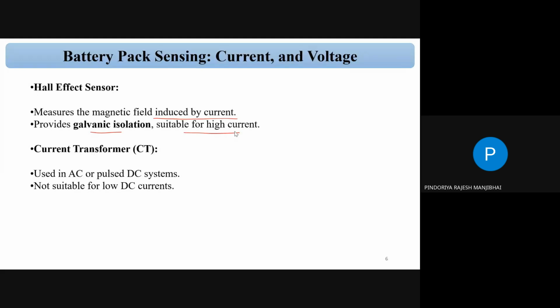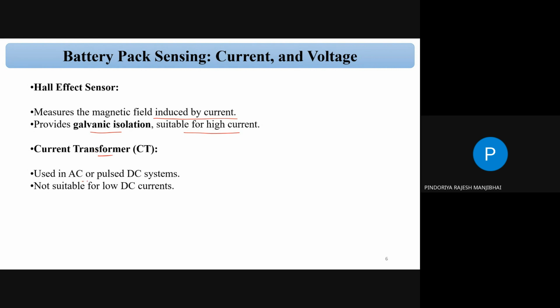Suppose your battery has a very high current, then we have to provide isolation. Which isolation? Normally people prefer galvanic isolation. Other isolation is also available, but for low cost and good efficiency, galvanic isolation is very good. Another option is the current transformer. Most of the students working in the electricity authority board must know about the current transformer and voltage transformer, CT and PT.